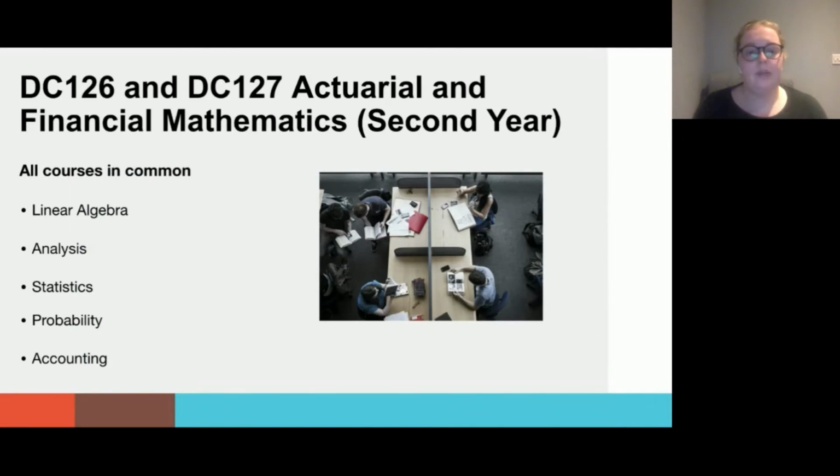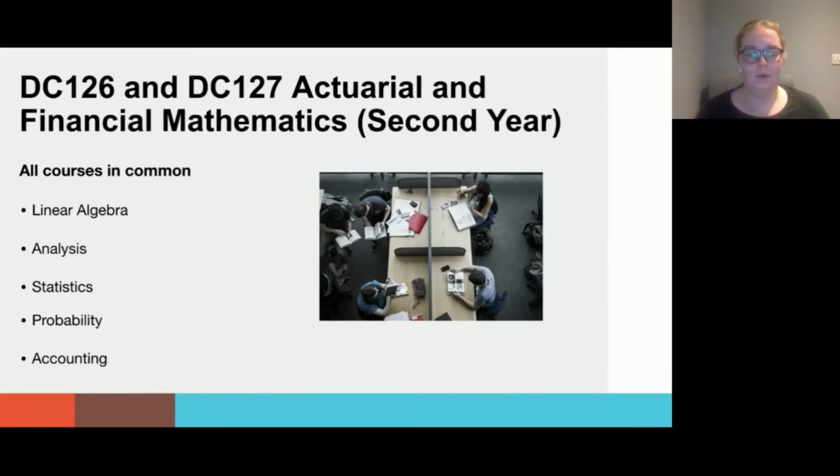And then in second year, I suppose you build on the modules that you've learned in first year: a continuation of linear algebra, some more analysis. There is actually probability in first year as well. You'll have a second probability course in second year. Stats starts to come in, and accounting. And I suppose you're probably wondering why there's economics and accounting.